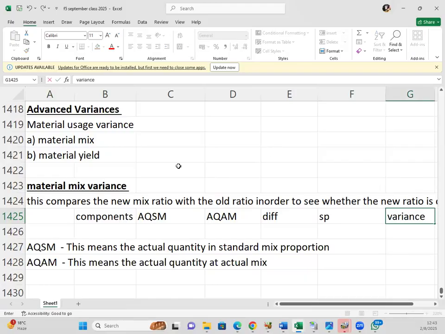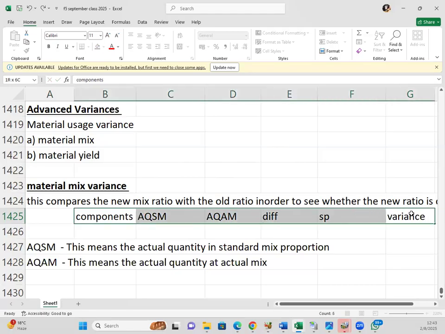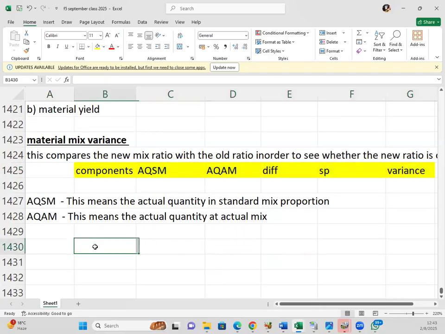So that's the table we're going to be using: component, actual quantity standard mix, actual quantity actual mix, difference, then variance. Let's look at an example. We may look for an example that we can do together.